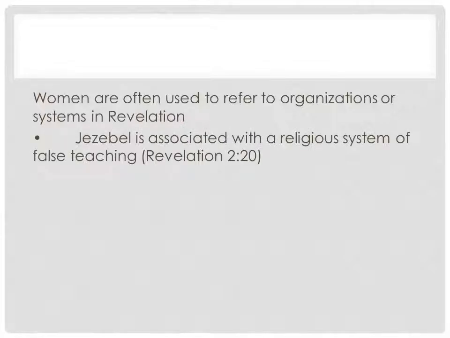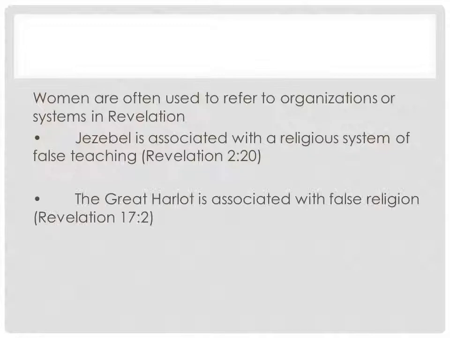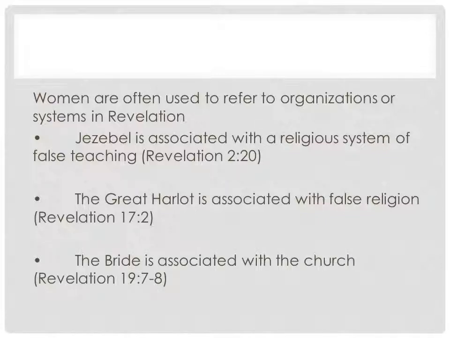Here will be some of those. Jezebel is associated with a religious system of false teaching back in Revelation 2. The great harlot is associated with false religion in Revelation 17. And then the bride is associated with the church in Revelation 19, verses 7 through 8.